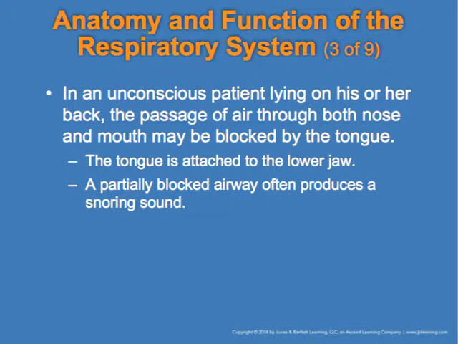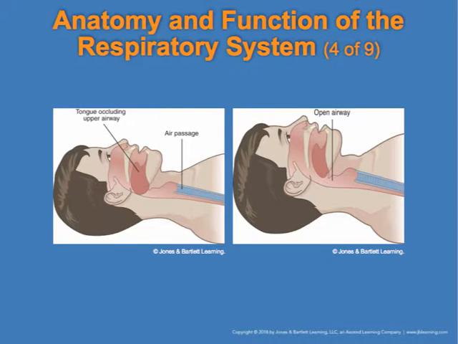Now, in an unconscious patient lying on his or her back, the passage of air through both the nose and the mouth may be blocked by the tongue. The tongue is attached to the lower jaw, and a partially blocked airway can produce a snoring sound. Unconscious snoring patients often have a blocked airway, and that does require some significant action.